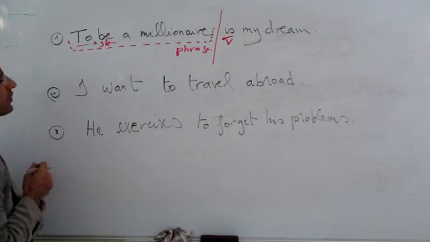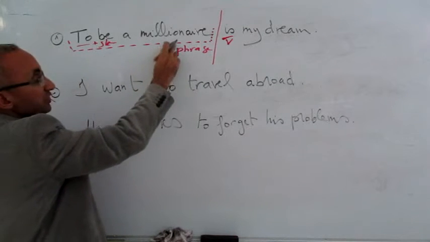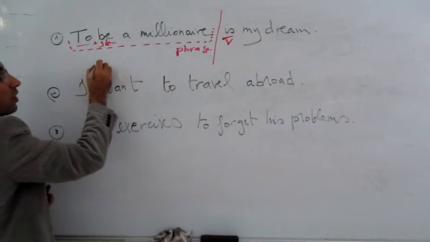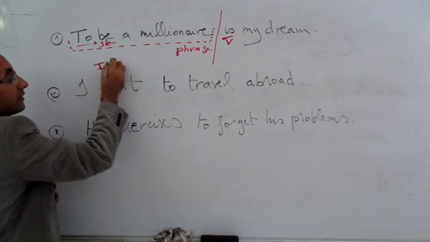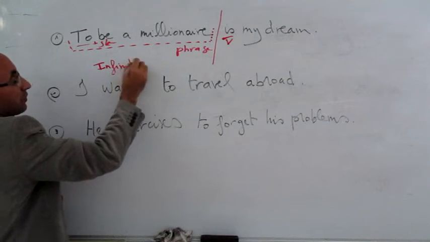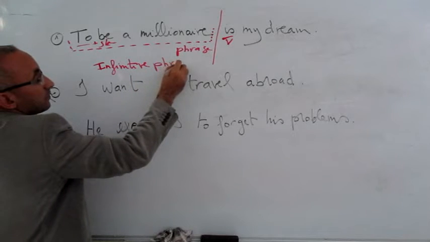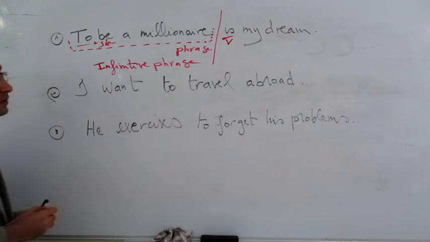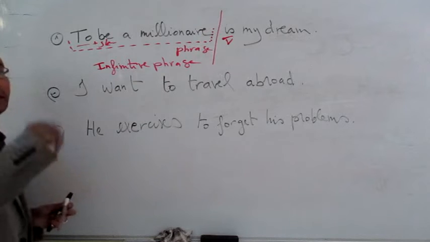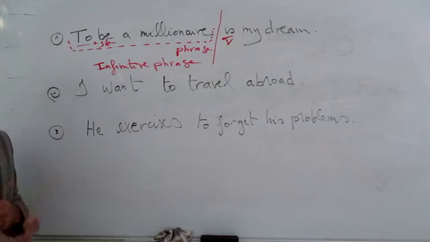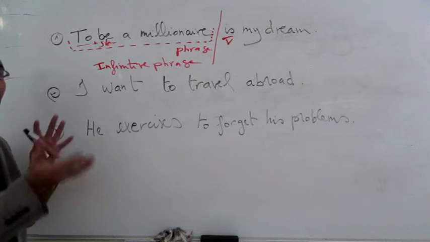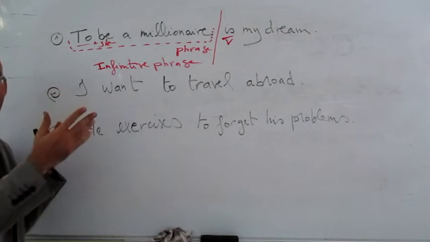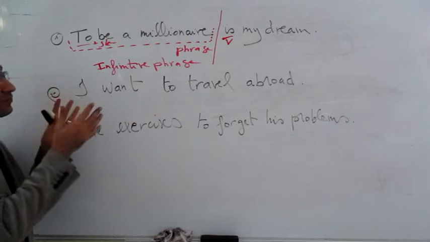Clear? Now, this phrase, which starts with an infinitive, is called an infinitive phrase. To be a millionaire, to go here, to do this. So all the examples start with "to" of the infinitive plus stem to form an infinitive phrase.